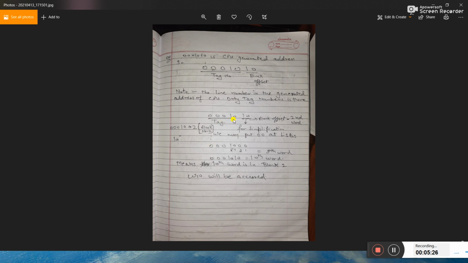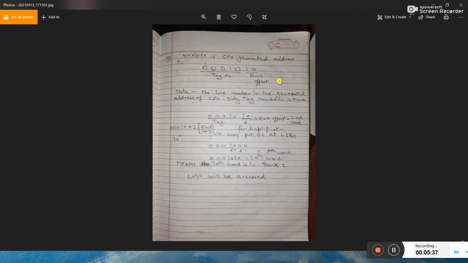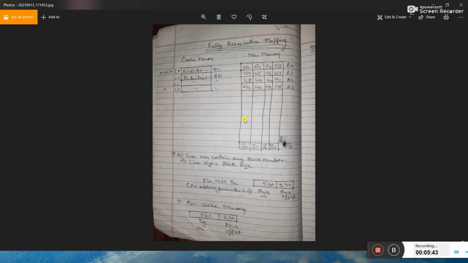For example, here you can see this is 00010. If it is assigned to line 0, then line 0 will contain W8, W9, W10 and W11. Which word? 10 means the second word, so it will access W10. This word will be accessed by the CPU, right?